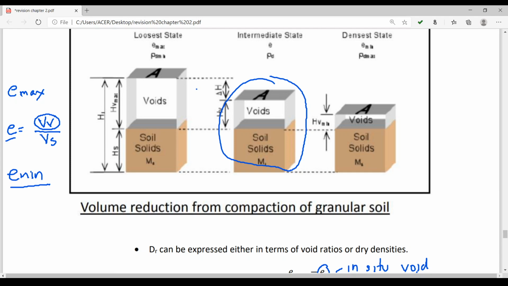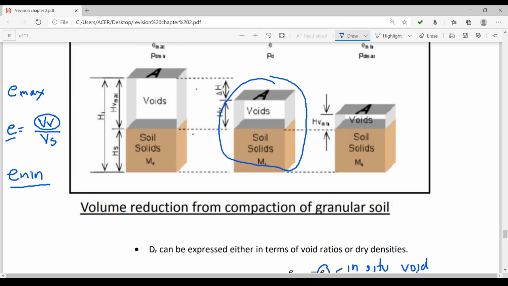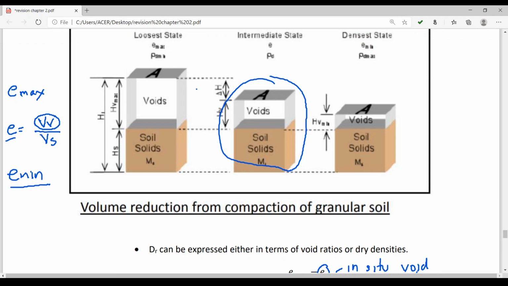Liliit po yung voids natin. And remember, yung voids lang po yung lumiliit ang volume. Kaya yung soil solids natin, constant na po yung volume dyan, constant na rin po yung mass niya. Okay? Di yan nagbabago. Kung pwede lang magbago dito is yung voids mo at yung boyfriend mo.